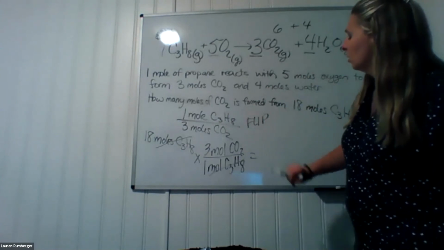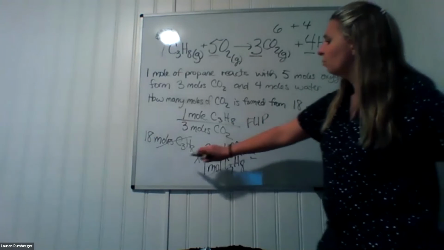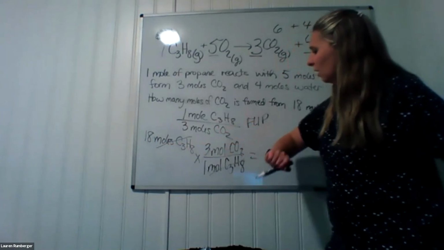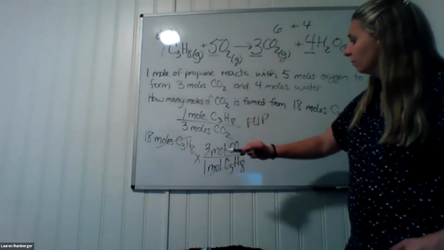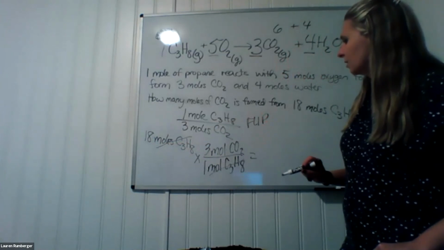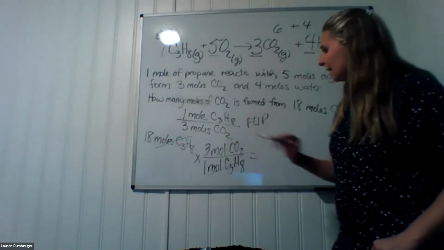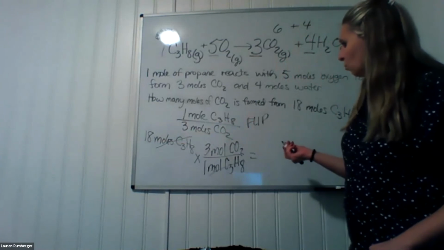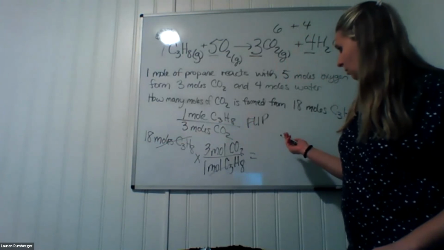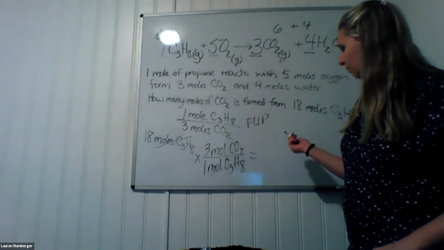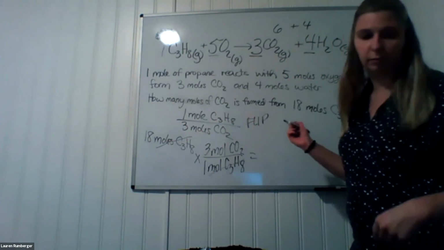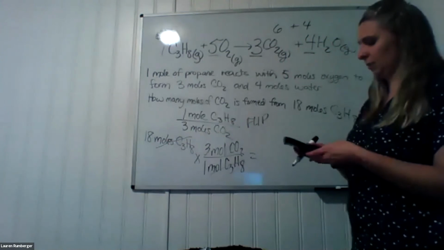Okay. So in this case, if we had 18 moles of propane, how much carbon dioxide is formed? We multiply 18 by 3, and what that should give you is, let's do this in my head for a moment, 54. All right, I don't trust myself in my head.